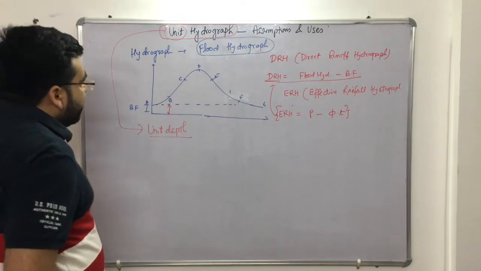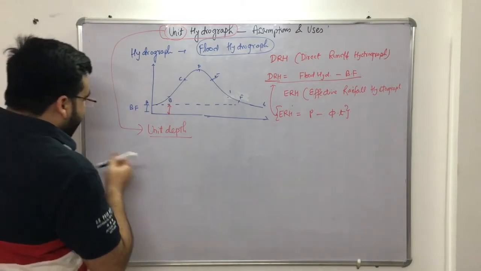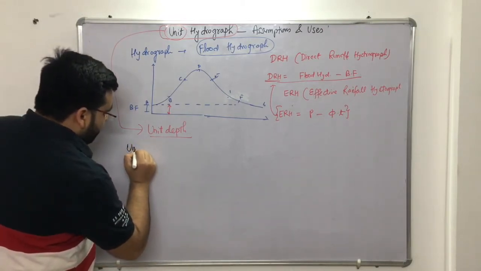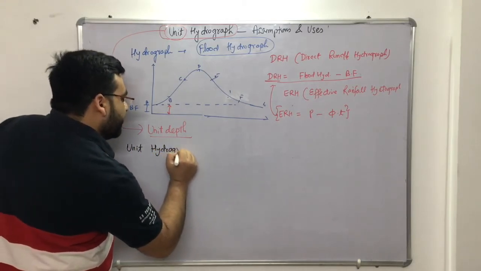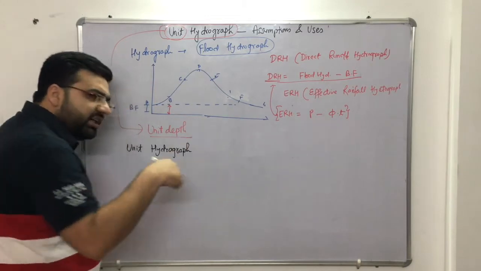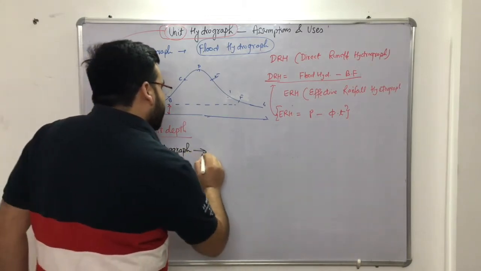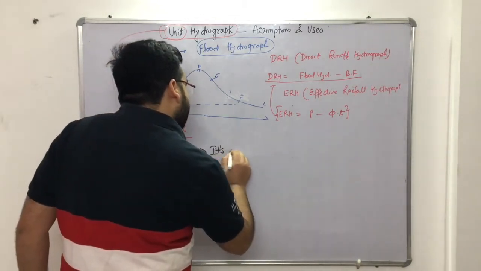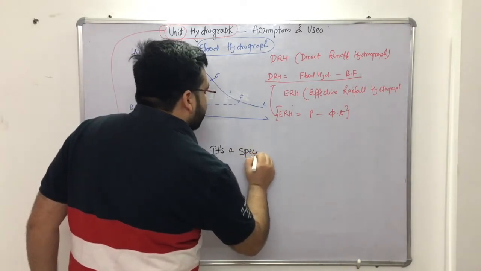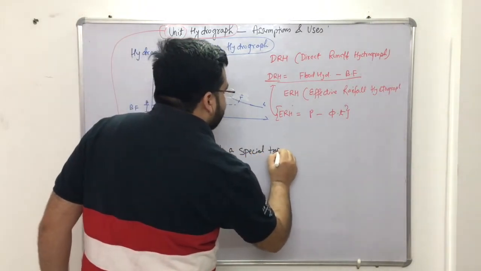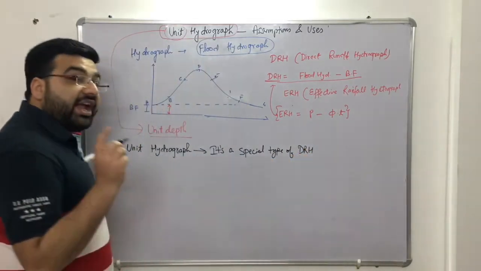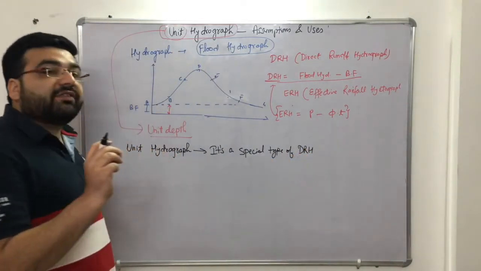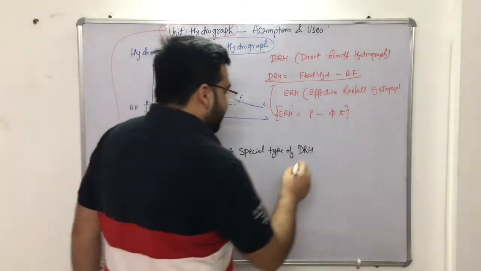Let me write it here that unit hydrograph is a special type of direct runoff hydrograph in which the depth of rainfall is 1 centimeter, right?